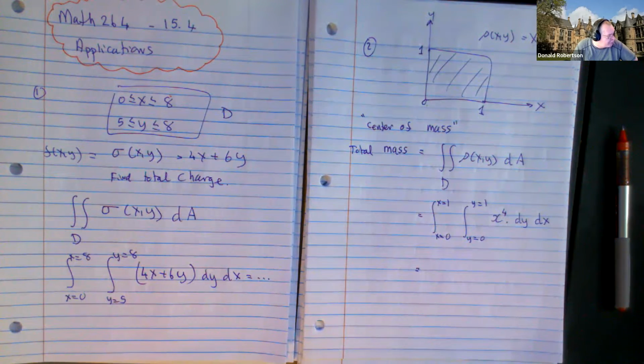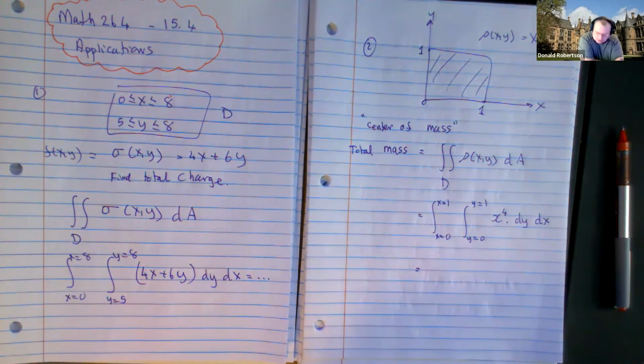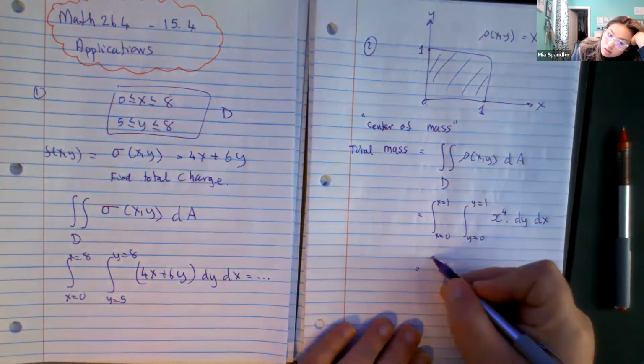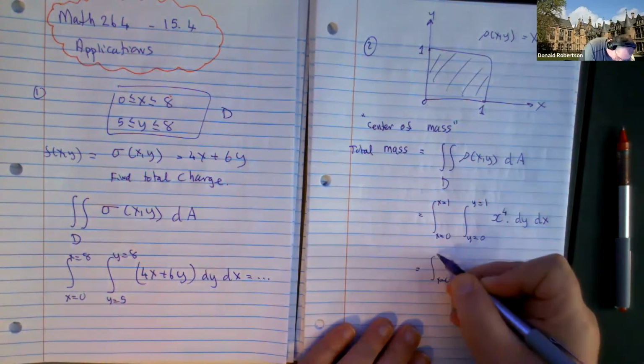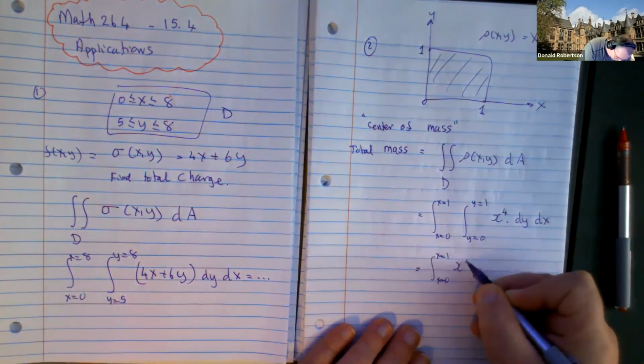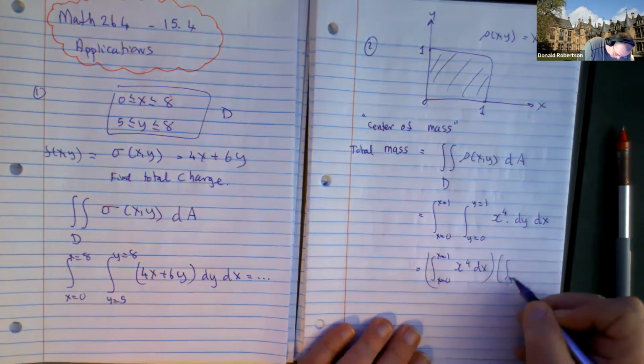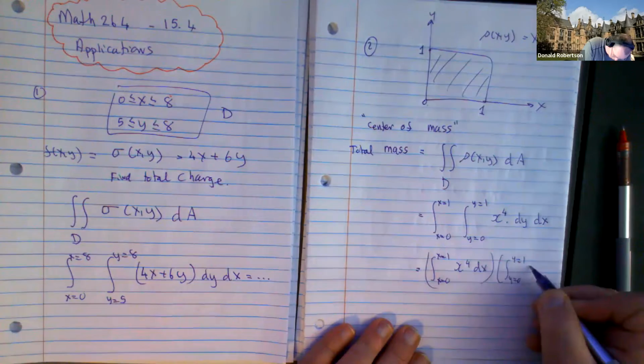I mean, I could just do it the way it's written, but is there an easier way to do that? Separate it. Why don't we do that then? X equals 0 to x equals 1 of x to the 4, and y equals 0 to y equals 1 of 1.